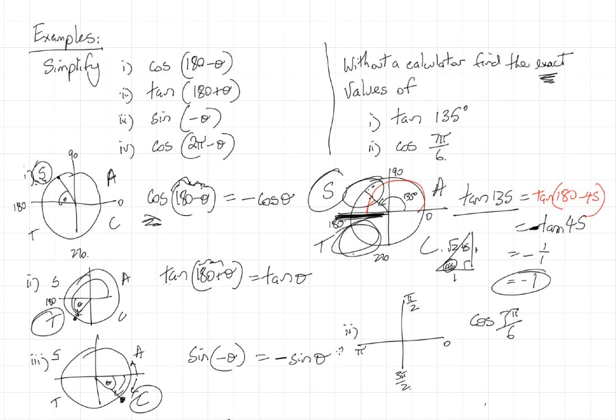Pi is exactly the same as 6 pi over 6, because the 6's will cancel and you're just left with 1 pi. How do we make pi/2 something over 6? By just multiplying top and bottom by 3. So that'll be 3 pi over 6.